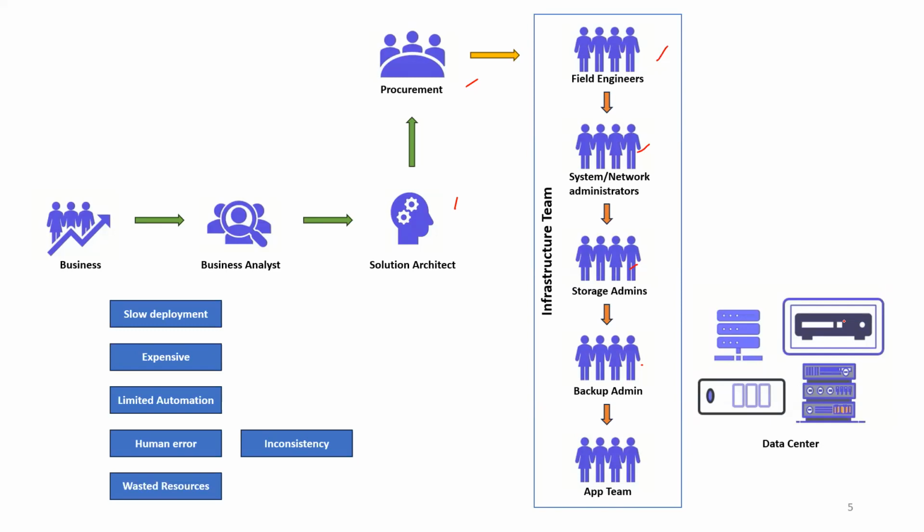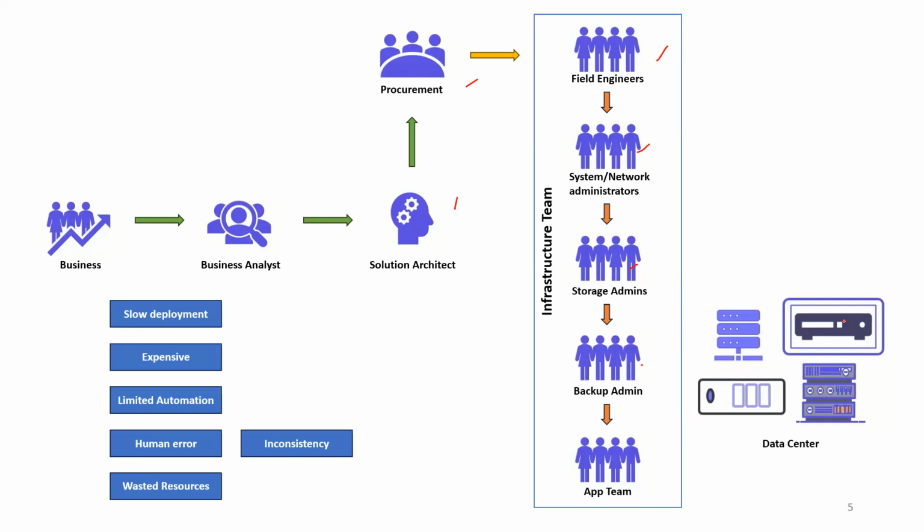Another major disadvantage is the underutilization of compute resources. It may lead to underutilization of the compute resources, guys. You may be purchasing a lot, but you are only using a few. Most of the time in the traditional working model, underutilization is one of the common disadvantages you will see.